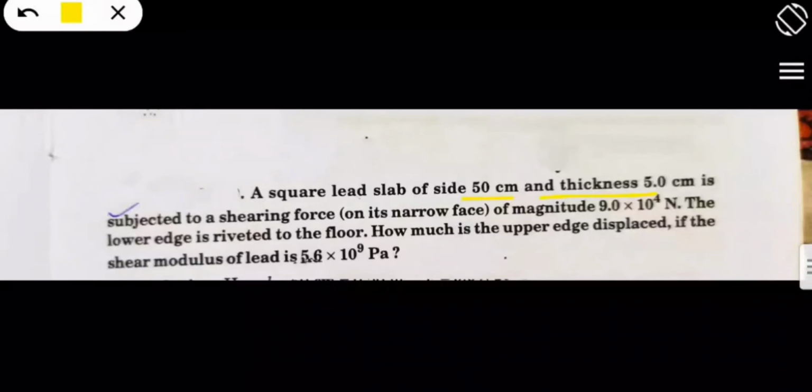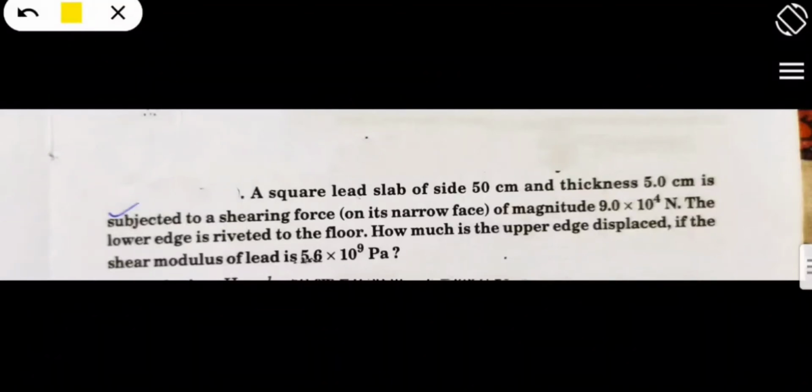Shearing force is the same as your tangential force, and because of the tangential force there is a shifting in the rigid surface. If you check the previous note you can find out. On its narrow face, of magnitude 9 into 10 to the power 4 Newton.